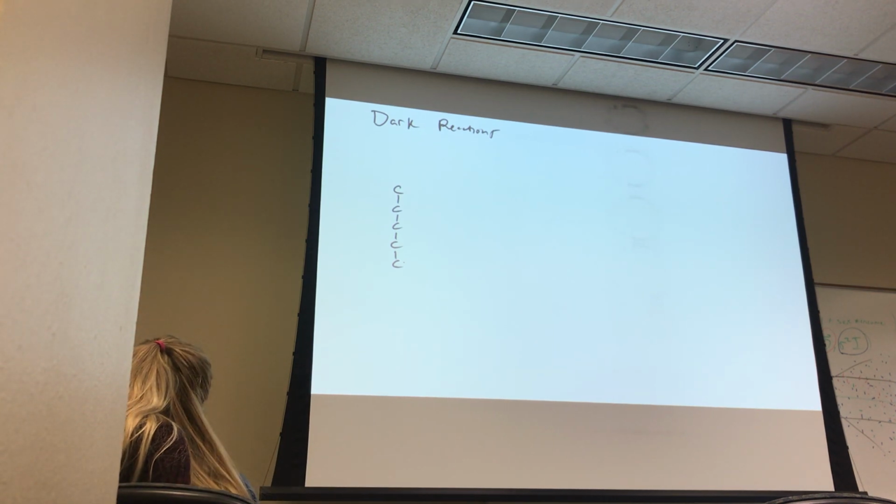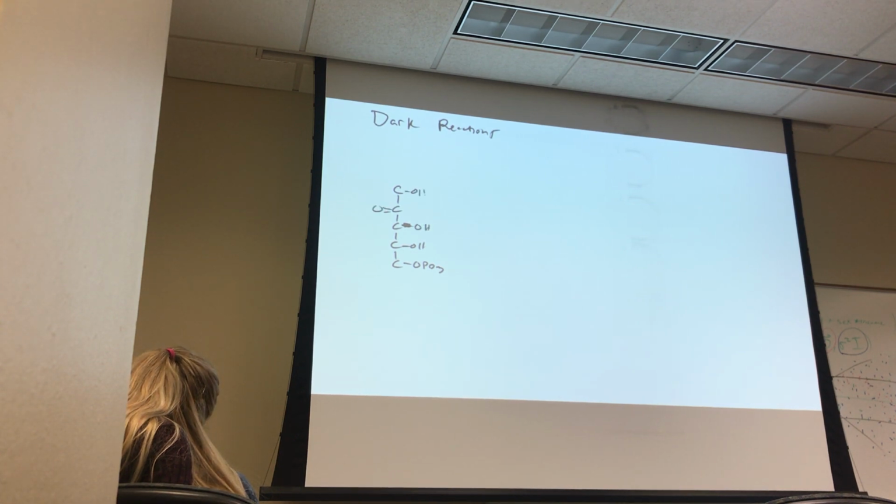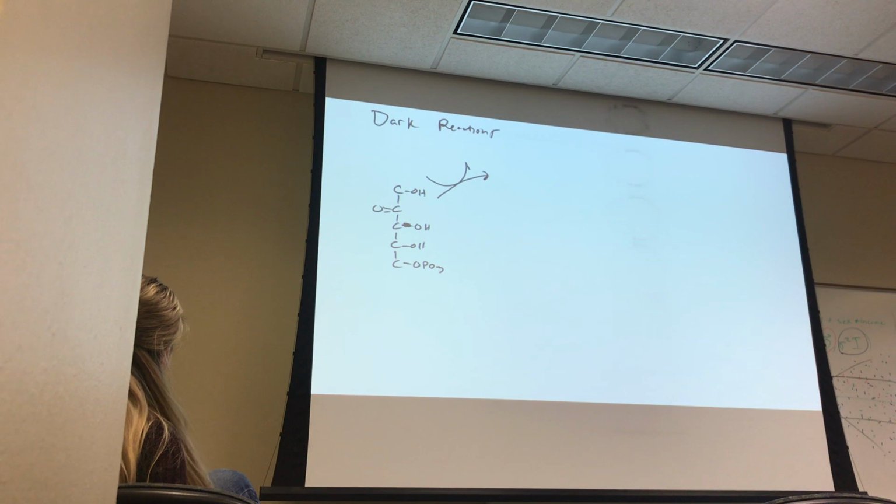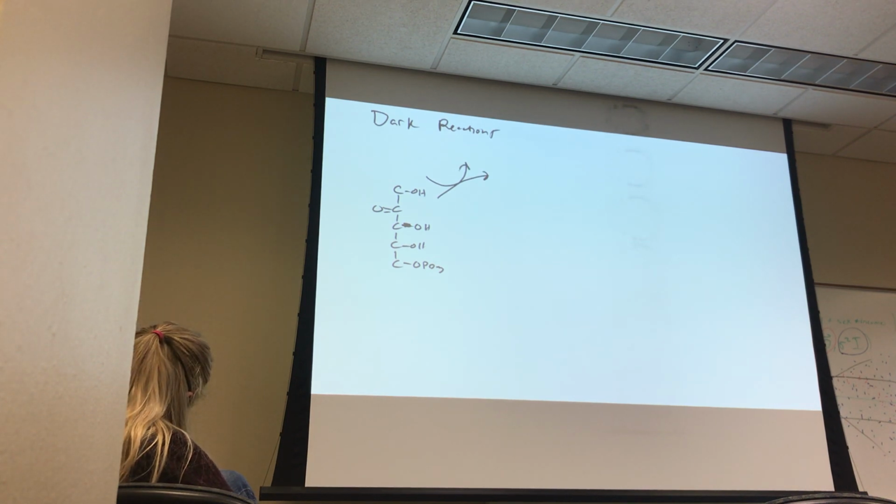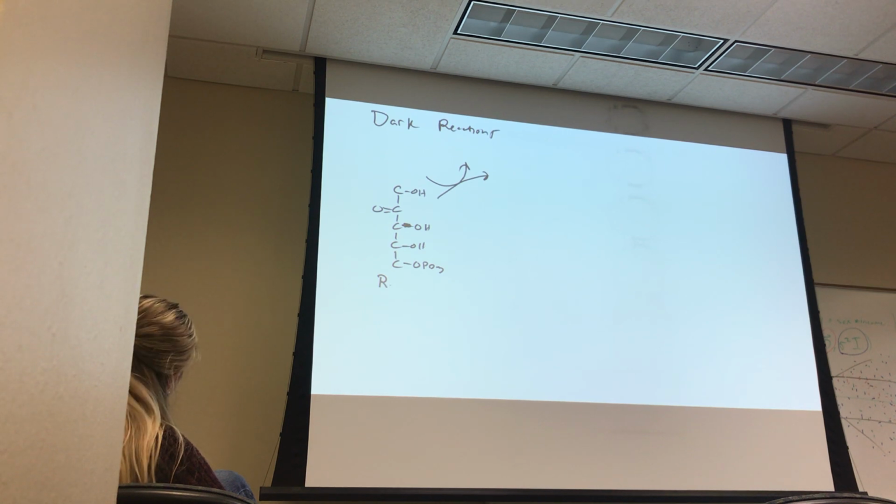They're just being reused in a different way for a different purpose. So you get ribulose 5-phosphate. And this is where your ATP molecules come in from the light reactions. I'm just going to put it once.